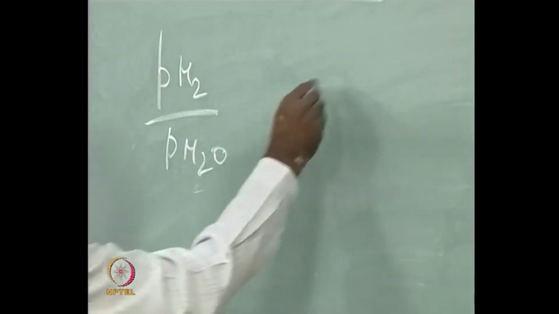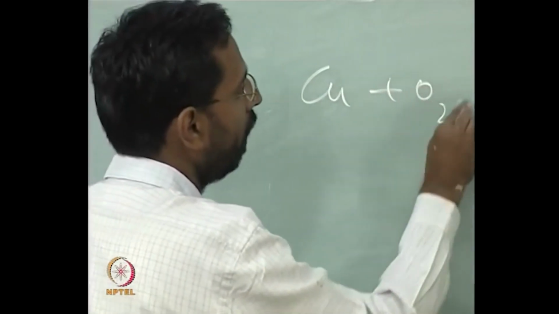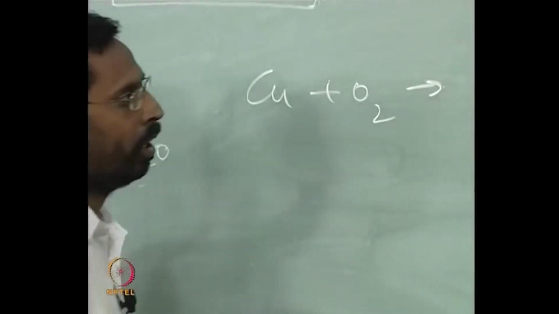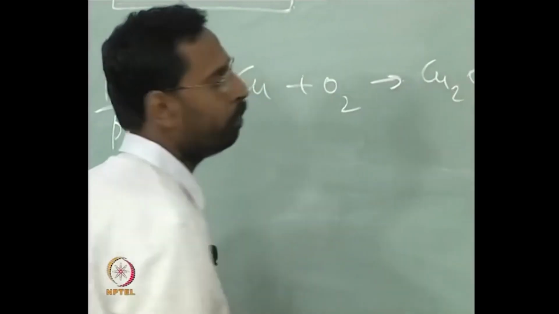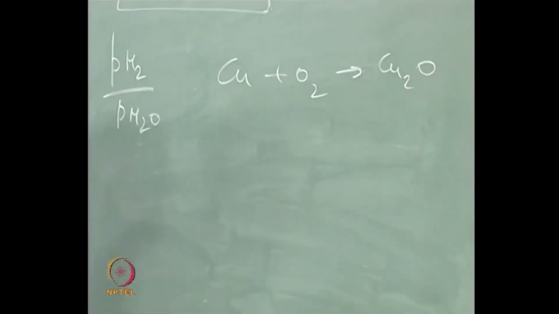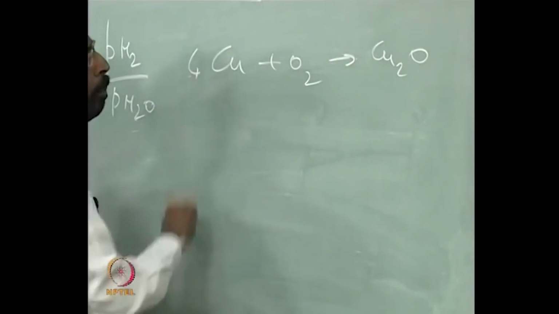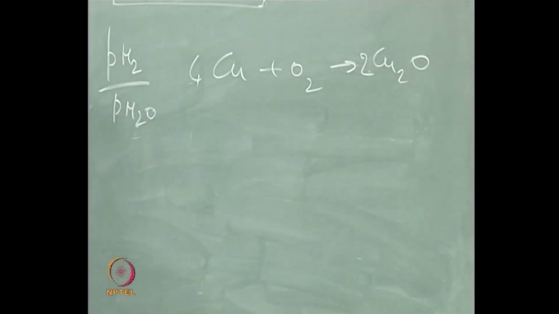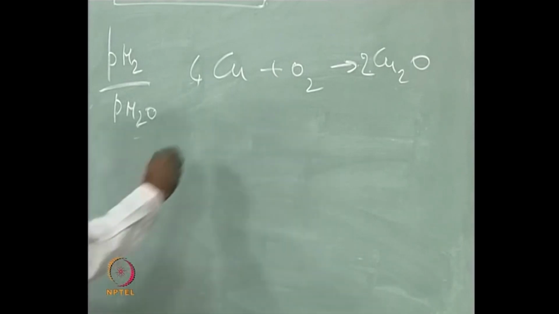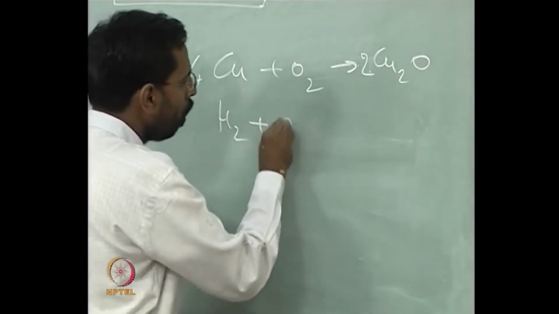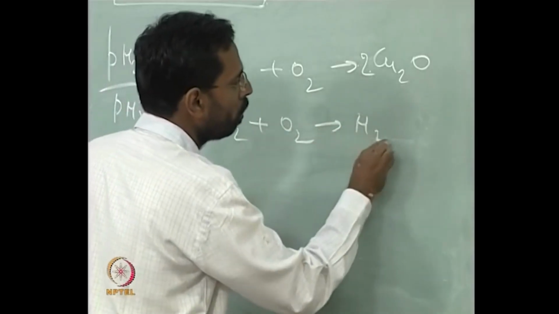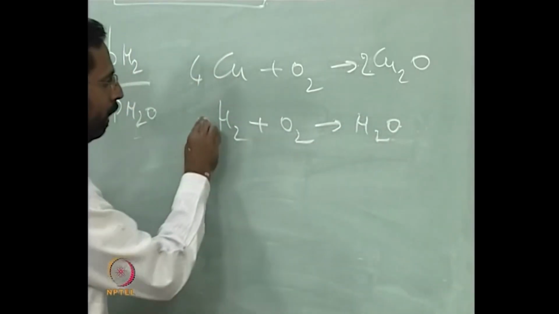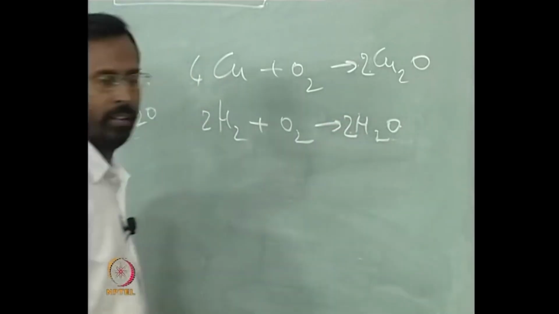To know that, first of all, look at the copper oxidation reaction. This is Cu2O. So, basically 4 Cu plus O2 should give you 2 Cu2O, and the other reaction that is possible is 2 H2 plus O2 giving 2 H2O.